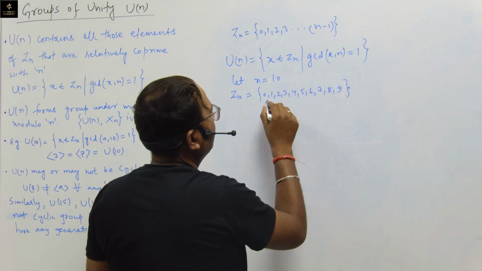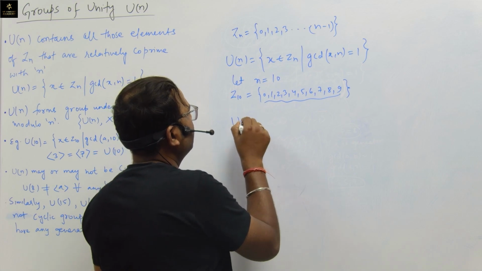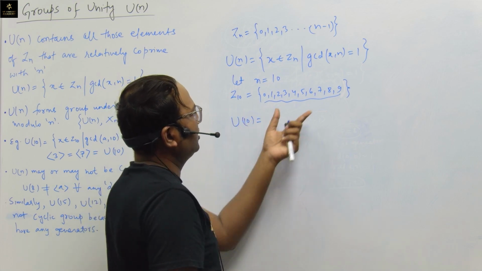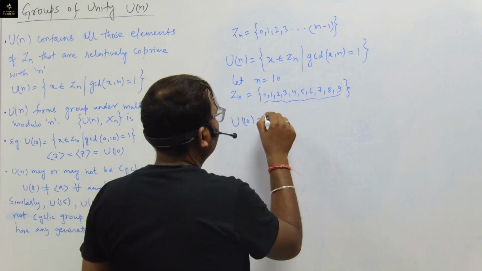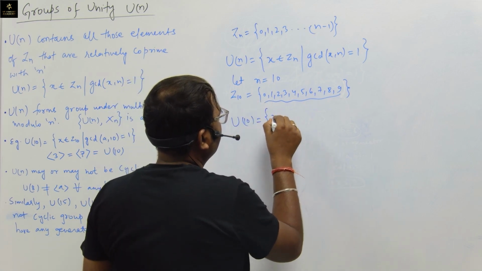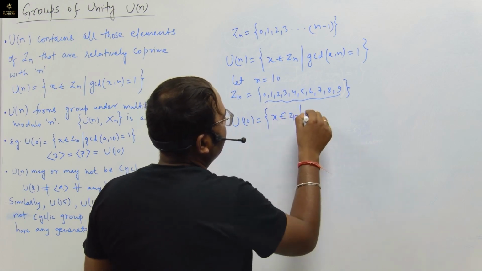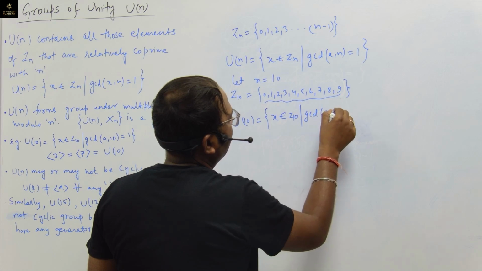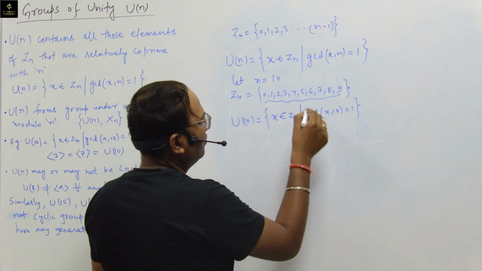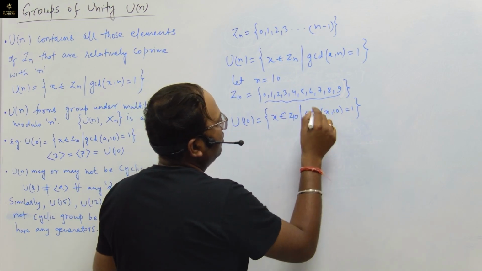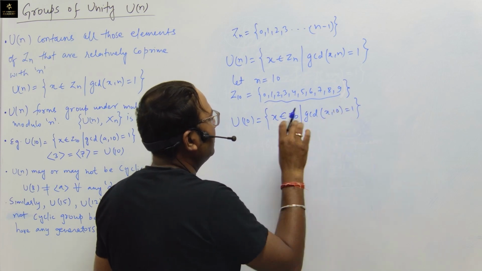So U10 contains those elements of Z10 that are relatively co-prime with 10, those x belonging to Z10 such that GCD of x comma 10 is equal to 1. Let us take the GCD of all these numbers with 10. If it is coming 1, then that number will lie in U10.